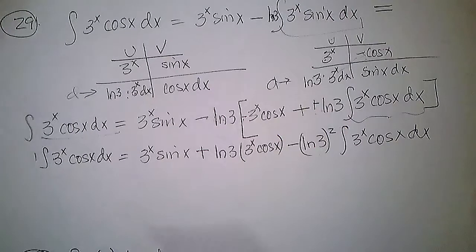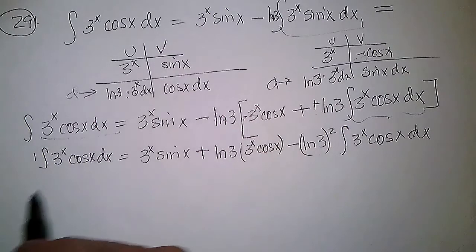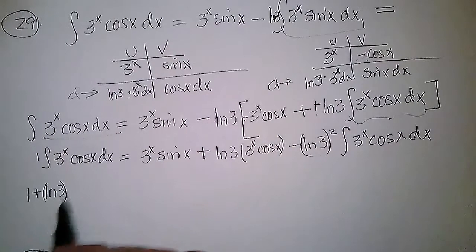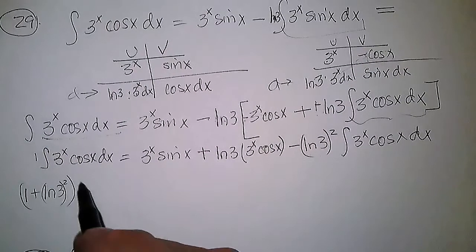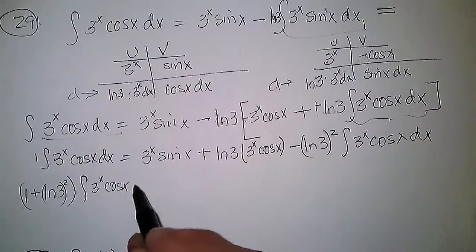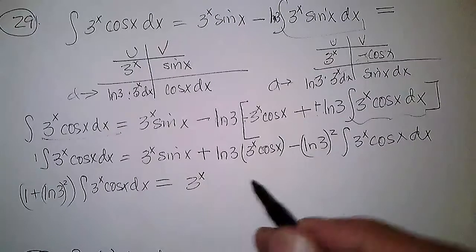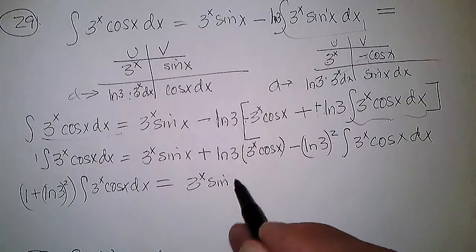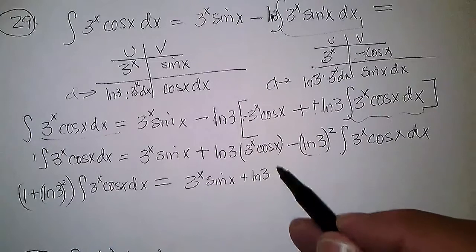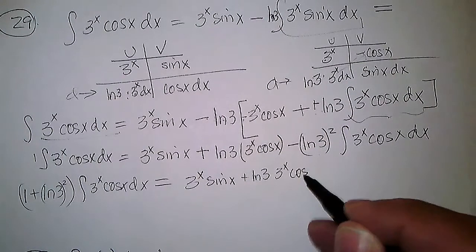So I have one of them plus ln 3 squared of them over here. So I got 1 plus ln 3 squared, that many of the integrals of 3 to the x cosine x dx, equal to 3 to the x sine x plus ln 3 times 3 to the x cosine x.